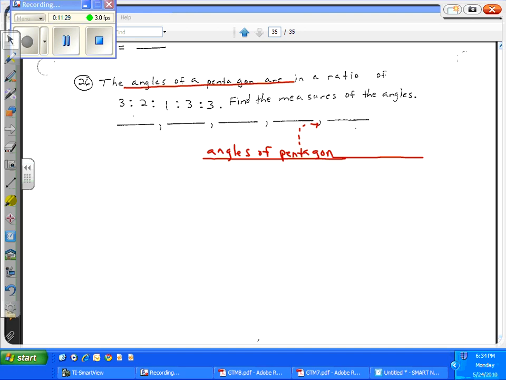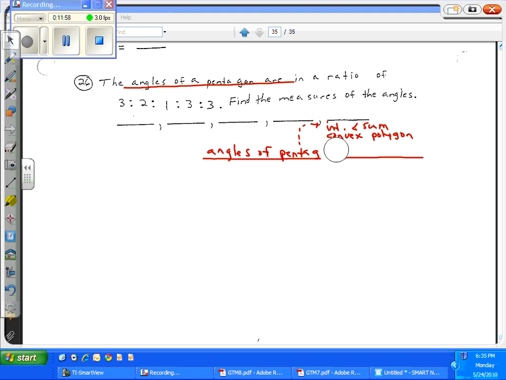Well, we're going to use the formula for the interior angle sum of a convex polygon. The formula for the interior angle sum of a convex polygon is the number of sides minus 2 times 180 degrees. Remember that?